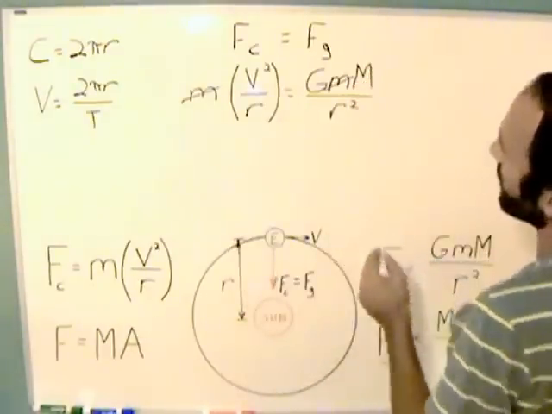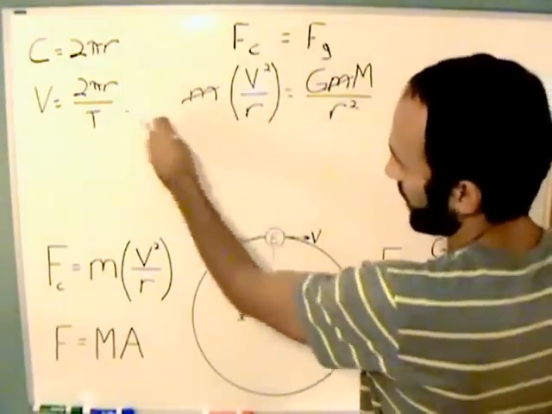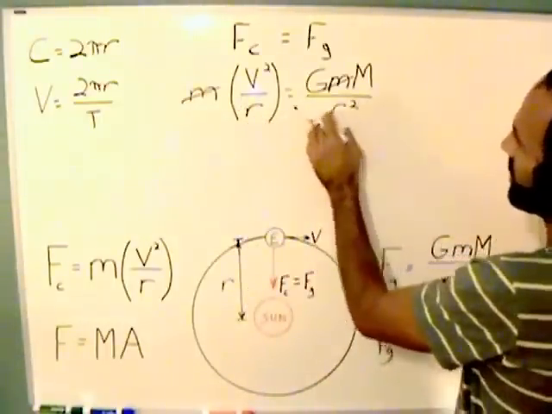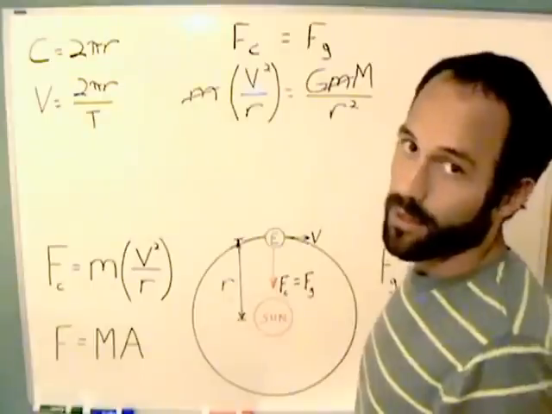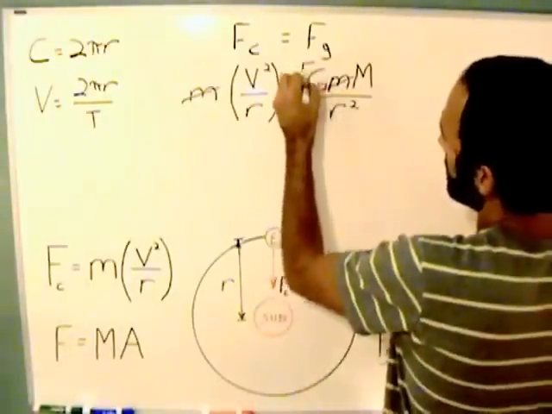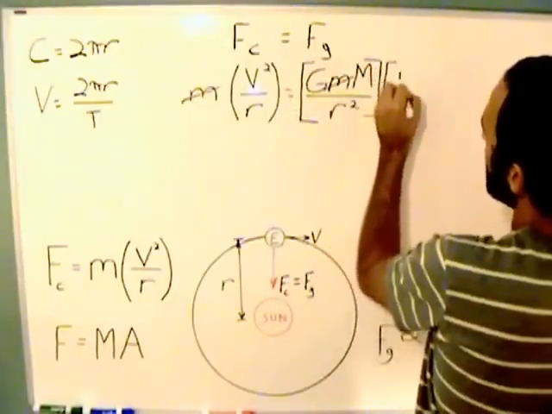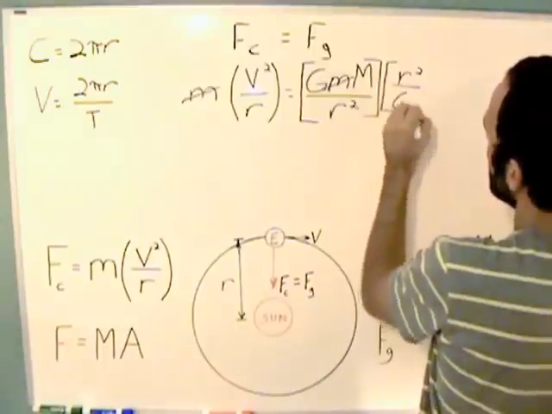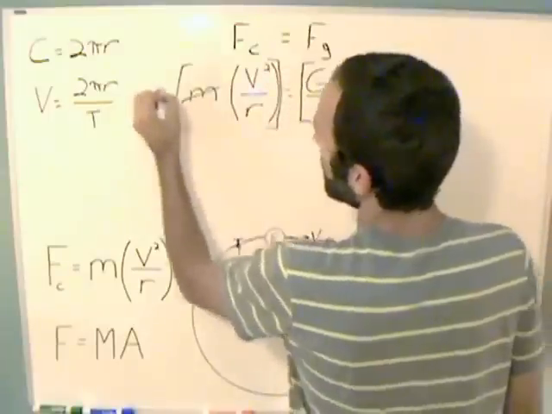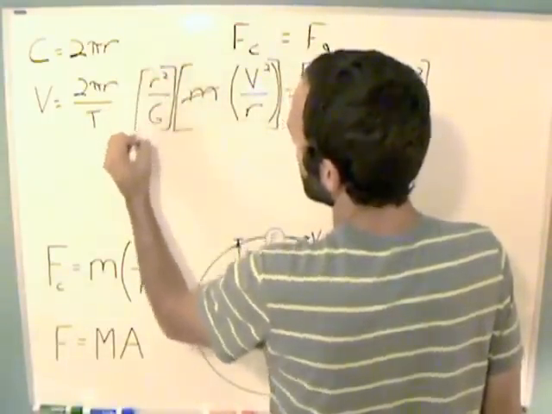So we need to isolate the mass of the Sun. We have everything else. We have the velocity, which can be calculated with this equation. We have the radius, and they have the gravitational constant, which who knows how that was really determined, but it doesn't matter. Showing some simple algebra here, you could multiply this side times r squared over G, and multiply this side times the same thing, just to show the steps.